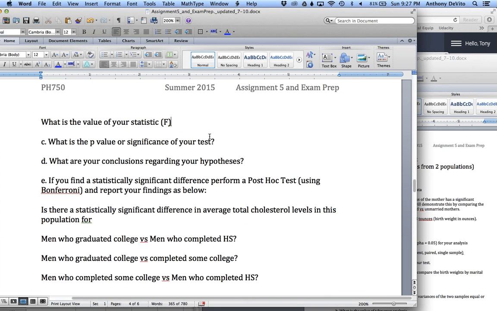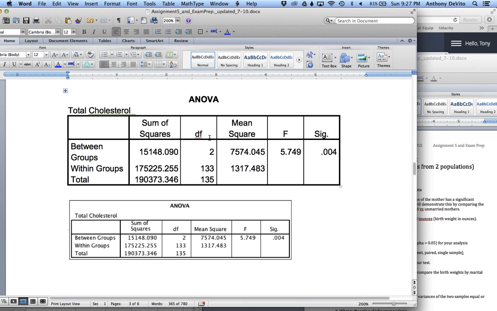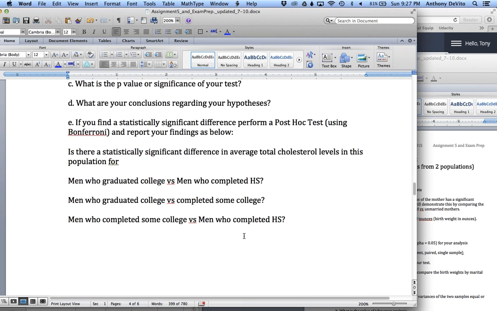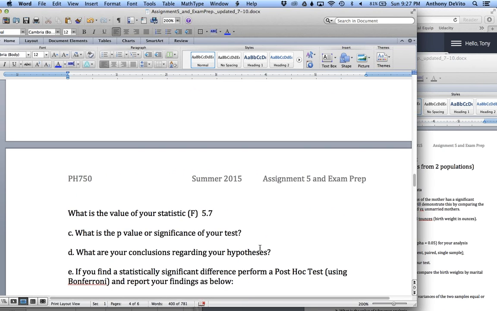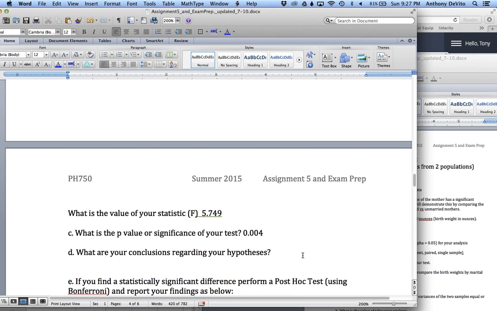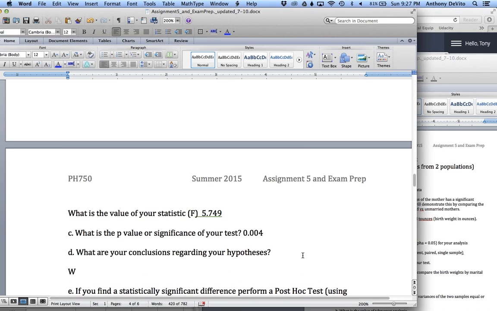What is the value of your statistic? The value of our statistic is 5.749. What's the p-value or significance of your test? Well, it was 0.004, well below 5%, our acceptable level of error.